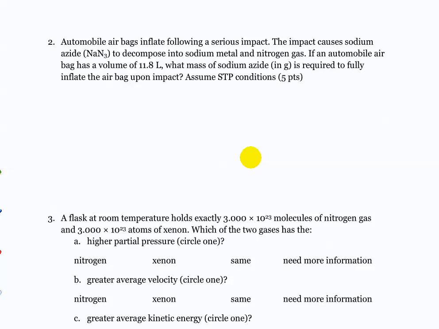Okay, and then this one also from the book. You had to look at the equation here, which was sodium azide decomposes into sodium metal and nitrogen gas. Is this balanced? No, it's not.